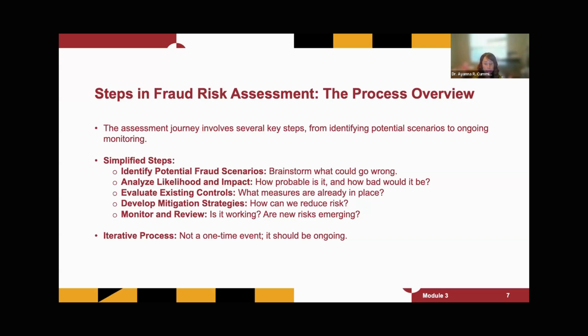And as we develop our mitigation strategies, how can we reduce risk? And of course, monitoring and reviewing that. Is it working now? Will it work in the future? And are any new risks emerging for which this particular process and the implementations we're employing would not work? And if so, what are they? And how do we prevent them as well?